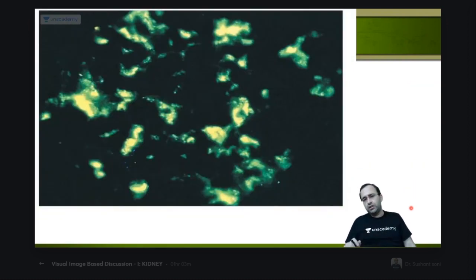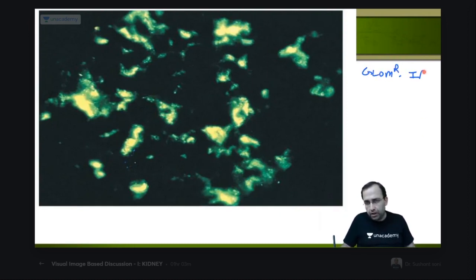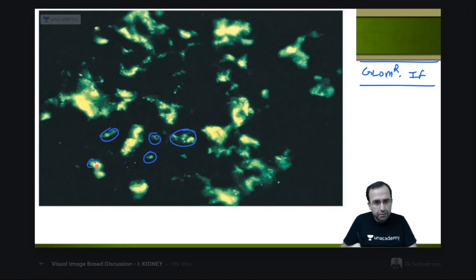Have a look at this now. In this image, the examiner is again telling you that this is glomerular immunofluorescence, where the singly scattered deposits are much more in number. Which cells are present singly in the glomerulus?